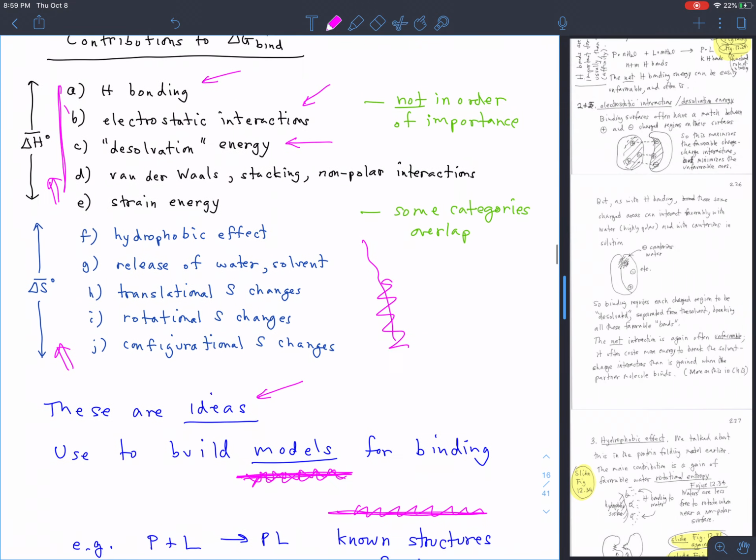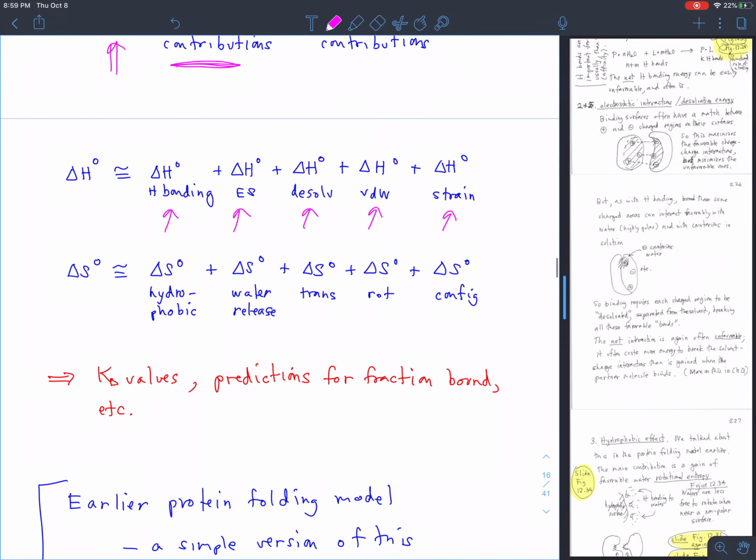There are other ways. But it's at least one set of possible ideas, and you can attribute a certain amount of delta H. You can just make a guess a lot of times, because you kind of know how big these terms are from earlier and other research. You can kind of make a guess for how big this term should be, how big that term should be, and so on.